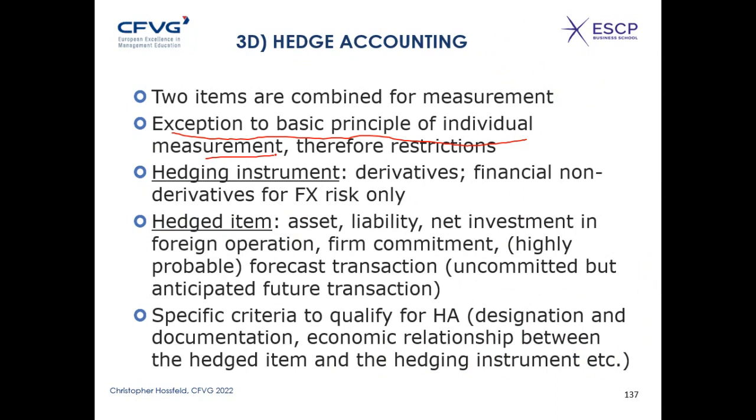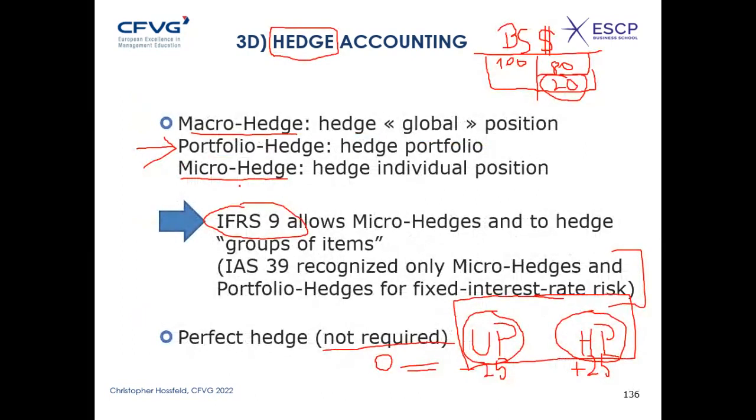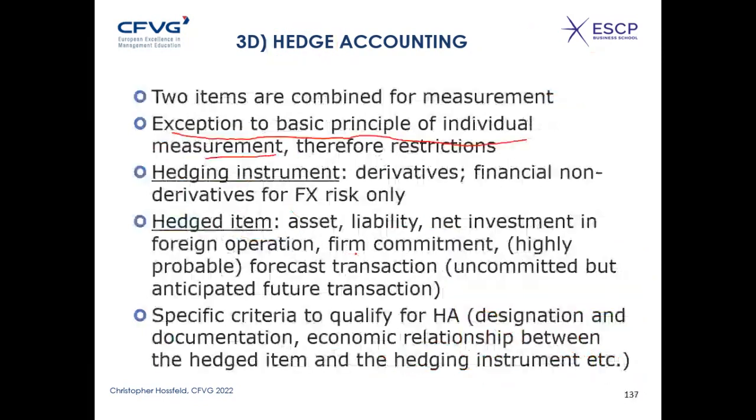So hedge accounting in that sense is an exception because it allows me to combine two items and measure them together. But for this, we have restrictions. For example, one restriction I mentioned already is in terms of micro hedges and groups of items only. So the type of hedge is limited.